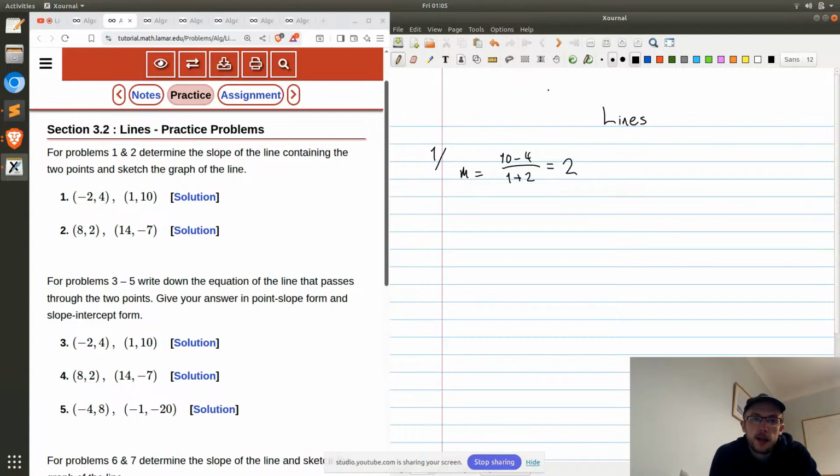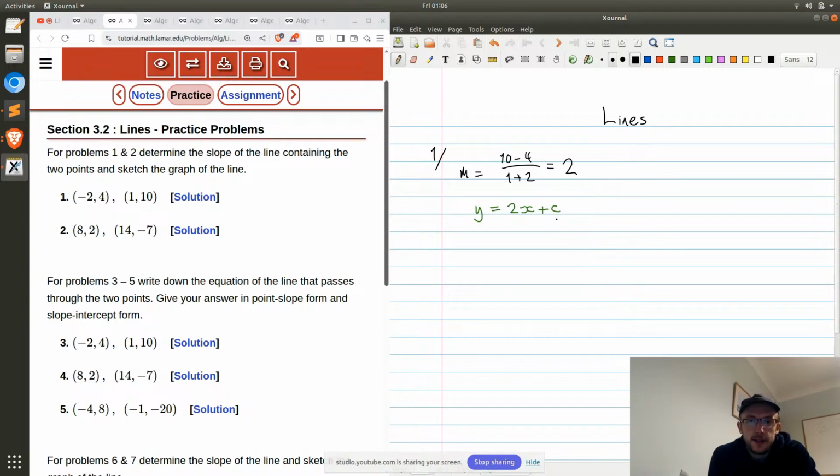There's the gradient. Now, with that information, we know that the line will look like this: y equals 2x plus c. We know it will look like that. But we don't know what the y-axis intercept is.